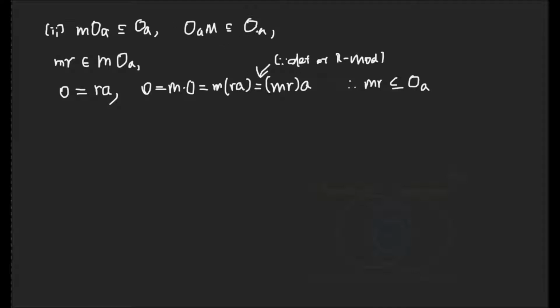And this is an analogous step as in this case. If r m is an element in O_A M, this means r is an element in O_A. Let's directly calculate this element, which is contained in O_A, meaning r m A should be 0.